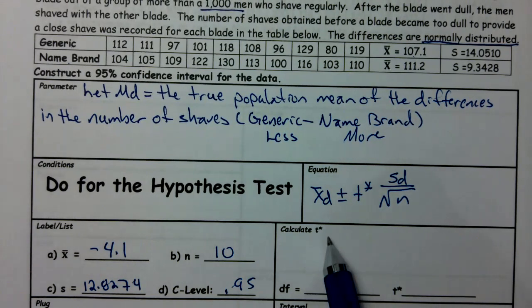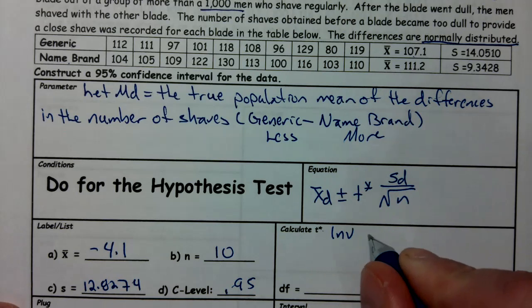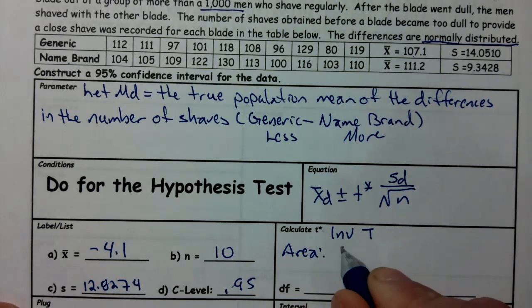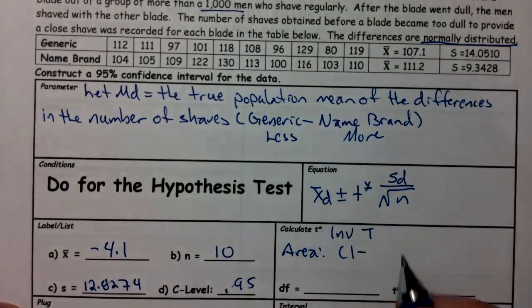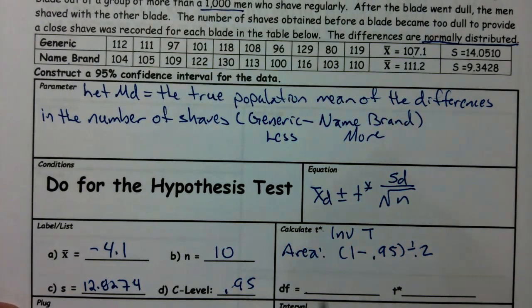Well, we need to calculate our t star. Our t star is going to be found by inverse T, and it's going to ask for our area. Our area is going to be 1 minus 0.95, since they wanted us to calculate a 95% interval, divided by 2. It's going to ask us for our degrees of freedom, which is basically 10 minus 1, which is 9.